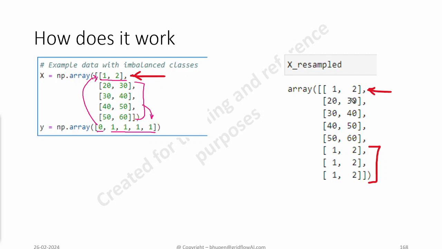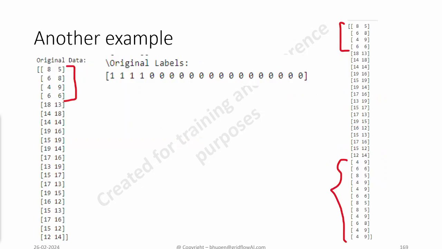So the objective is to replicate the minority data in such a way that you have an equal number of samples. So here now you have 4 samples of 0 and 4 samples of 1. This is called balancing the data set. As I told you earlier, this is not how we will practically address the class imbalance problem.